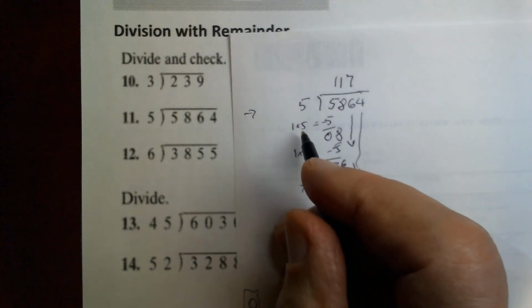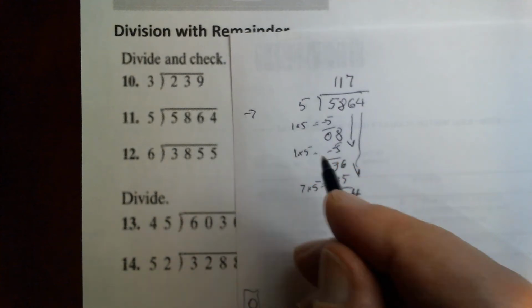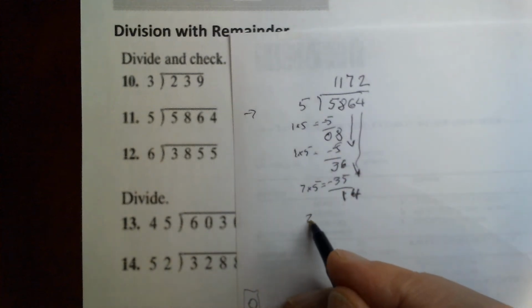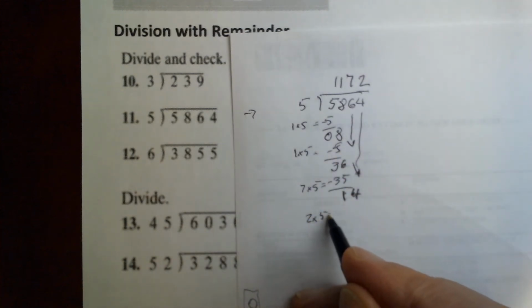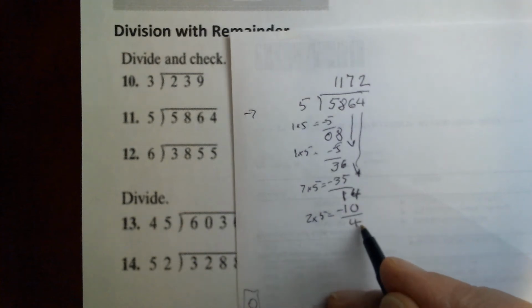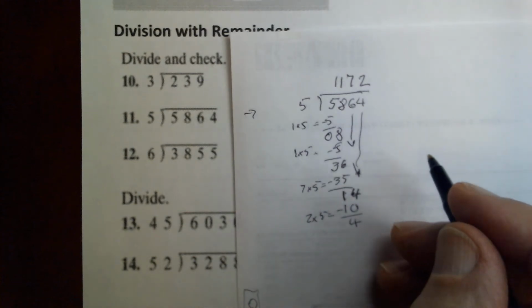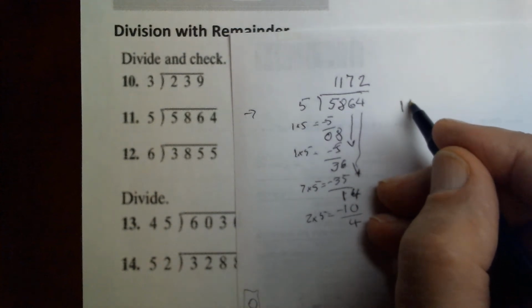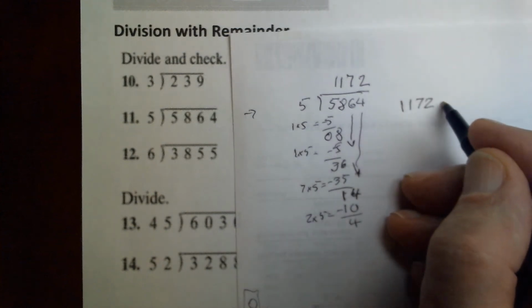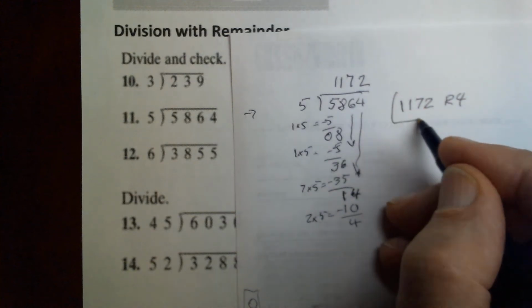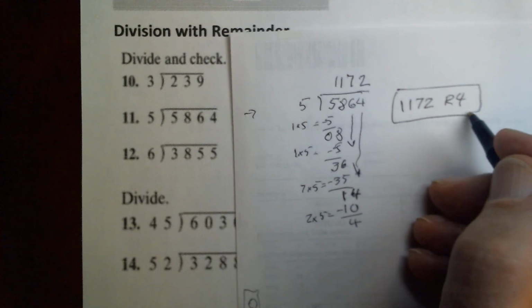And 5 goes into 14 2 times, so it's 2 here. And 2 times 5 is equal to 10 with a minus. And so here's the remainder of 4. So then the answer is 1,172 and the remainder of 4. That would be the answer for number 11.